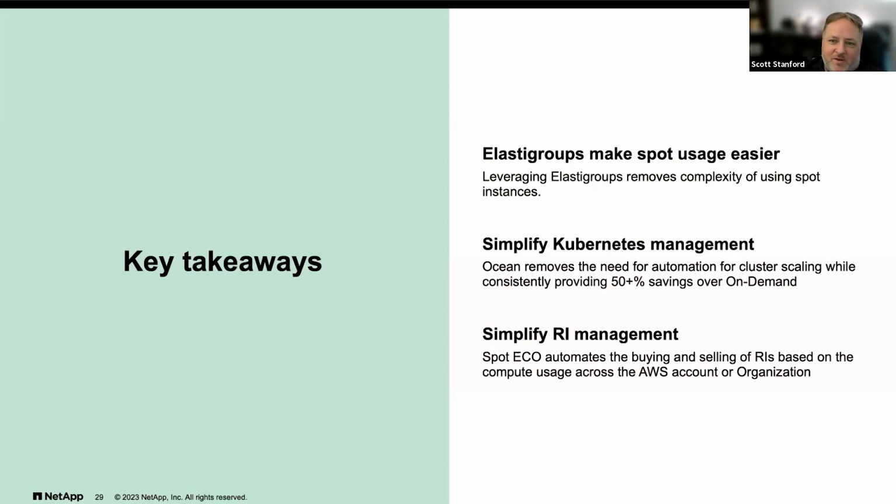Ocean, in addition to the savings, has the scaling and cluster roles that, from a platform engineering or SRE perspective, are awesome. And for the optimization, you have the reporting and the right sizing. And Eco, you just set it up and check on it every year or two, and it'll save you some money.